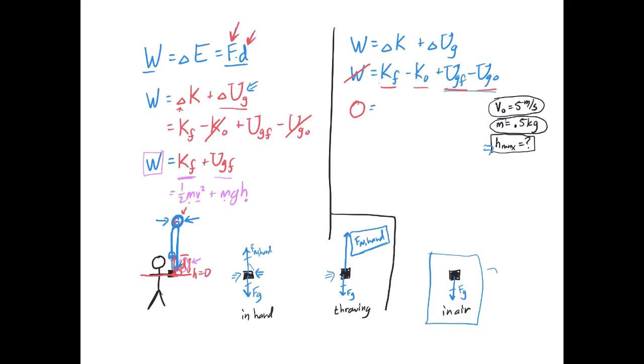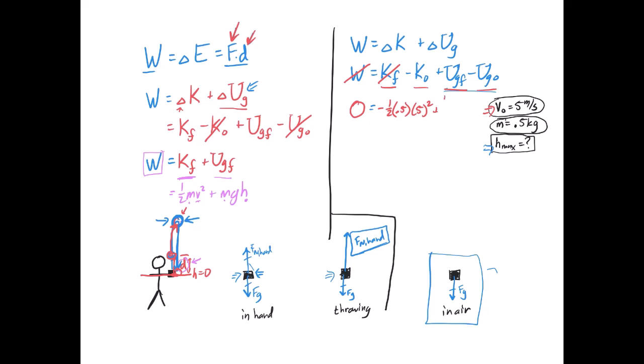So that means my final kinetic energy, if I'm looking from when I release it until it gets up to that maximum height, will be 0. The initial kinetic energy is going to be 1/2 times m, which is 0.5, times the velocity squared. And we said that I measured using kinematics or maybe a motion sensor or something that when I released him, he was going 5 meters per second. All right. Then we're going to go plus the final gravitational potential energy.